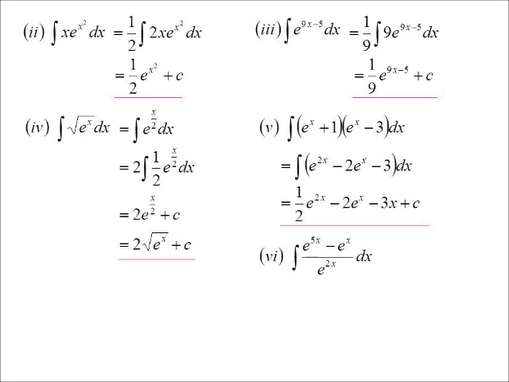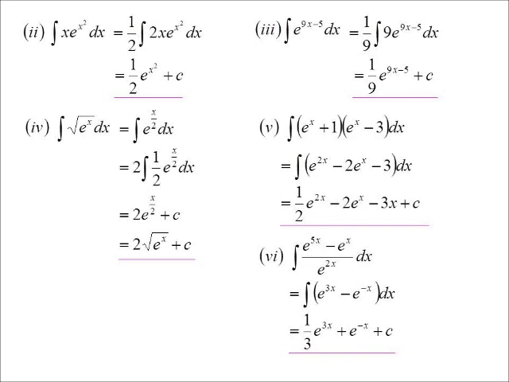We don't have a quotient rule. Mind you, it would be silly to use a quotient rule for this one anyway, because we can just use our index laws and tidy that fraction up. Divide everything by e to the 2x. The e to the 5x is divided by e to the 2x, e to the 3x, minus e to the minus x. Be careful with our negatives here, because yes, they're linear functions.